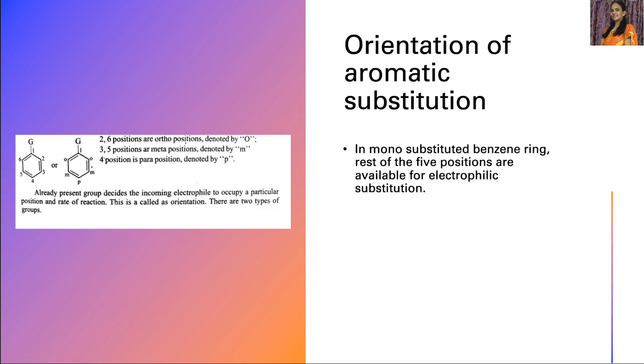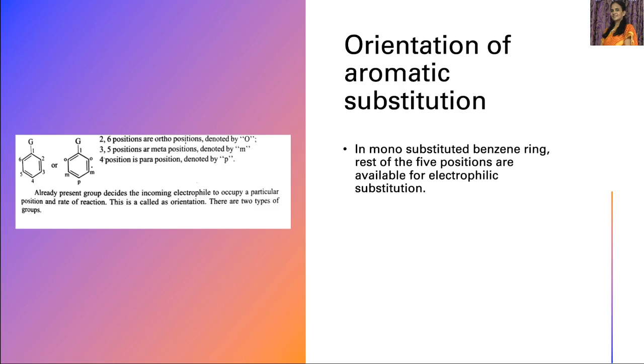Next, the fourth position with respect to this group. This group is present on the first carbon, and with respect to this carbon, the fourth position is the para position, denoted by P. So in monosubstituted benzene, these are the different positions we discussed.